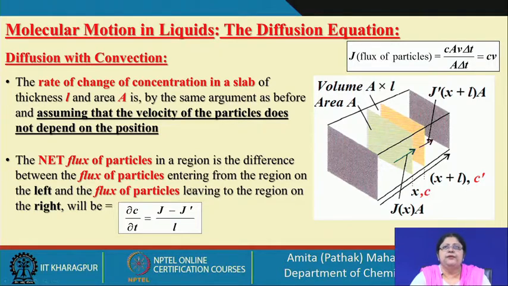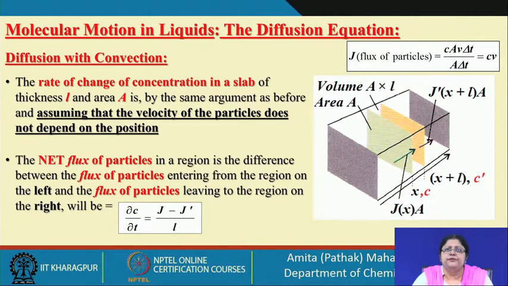what happens? If you remember, in the last one where we talked about diffusion, we talked about the ions moving from this side to this side under the concentration gradient. Now, here what do we want to find out? We want to find out the rate of change of concentration of the particles in terms of amount in the slab of thickness L. This is the thickness L and area A, by the same argument as we had while deriving Fick's second law.